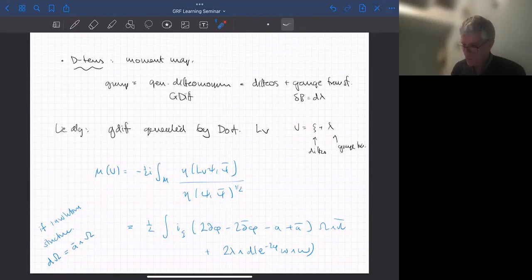So the generalized diffeomorphism algebra is parameterized by generalized vectors, and the value of the moment map on that generalized vector is given by this. So I need to set this to 0 for all psi and lambda, and that sets this factor to 0. Then effectively it sets A equal to d phi.